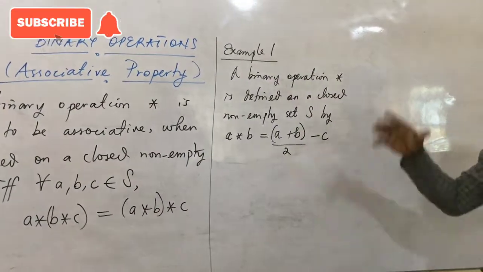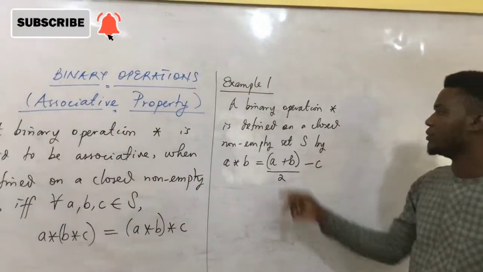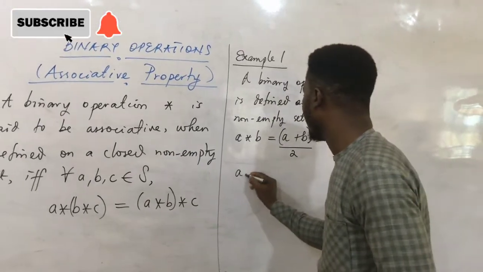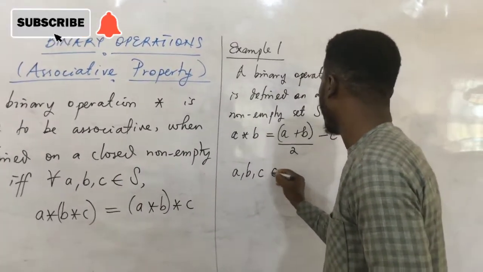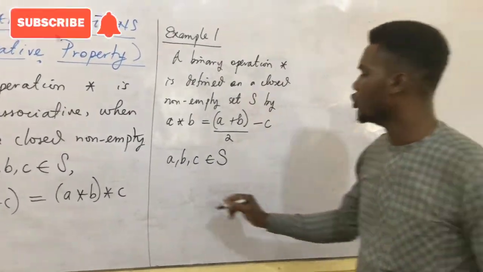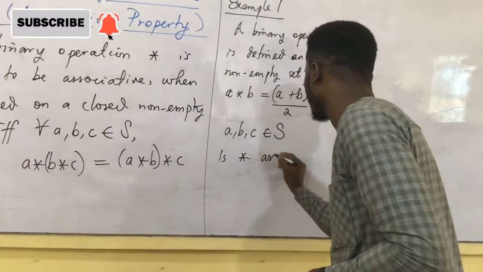So this problem talks about a binary operation defined on a closed non-empty set that is defined by this, in which case A, B, and C are members of the non-empty set. So what we want to do is, is asterisk associative?